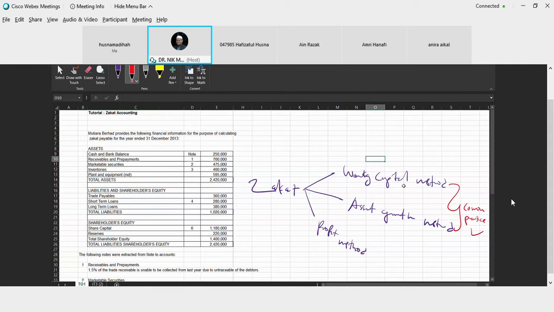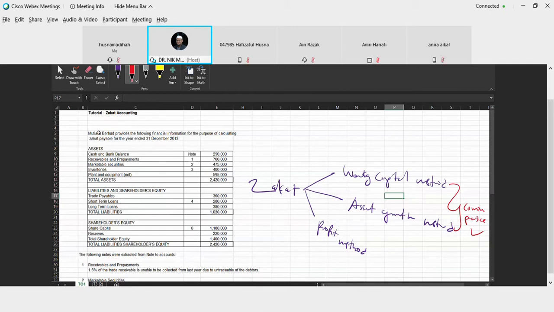You need to understand that whichever method you use to calculate zakat, the amount of zakat payable should be the same, either the working capital method or the asset growth method.